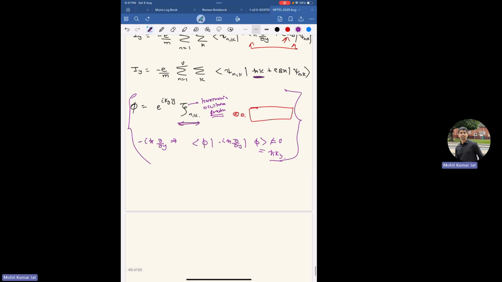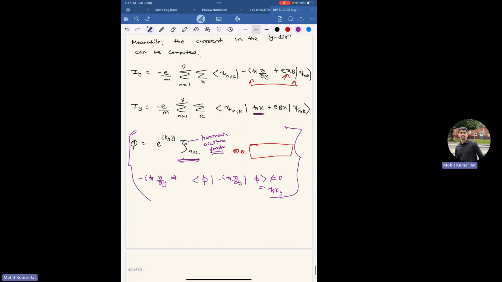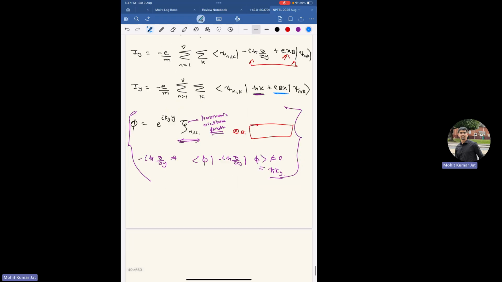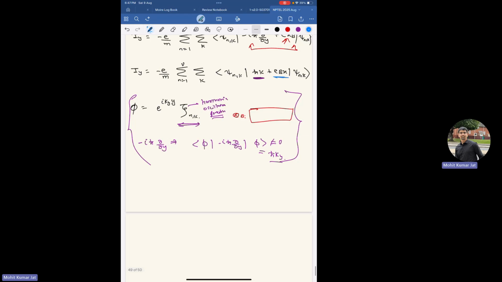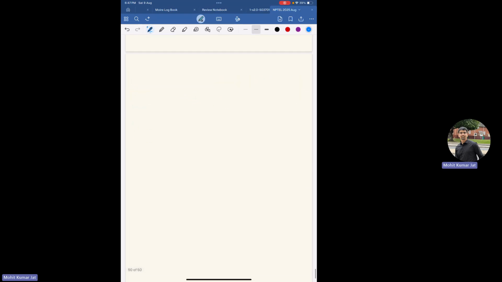Having said that, the second term above is computing the position expectation value x of the eigenstate. Let me write what I'm saying.